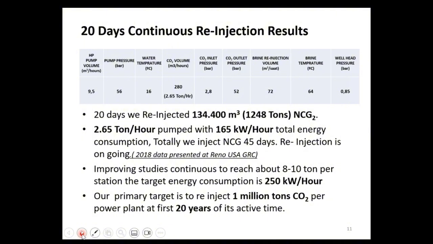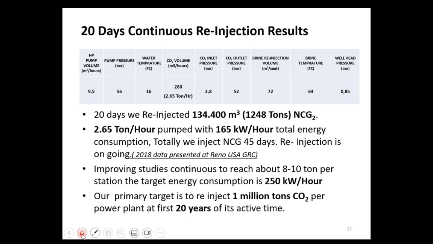I just want to say that for the first 20 days, it is still being used from time to time. In total, maybe over a couple of hundred tons of NCG were re-injected, but this presentation was presented in 2018 in Nevada, Texas. These are the data we have in our article.